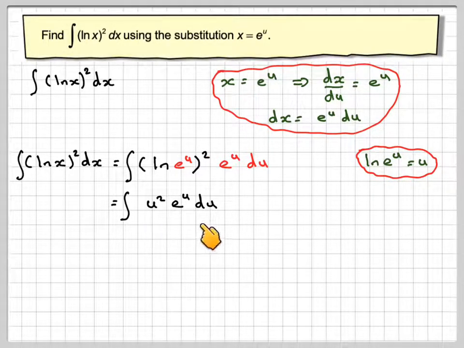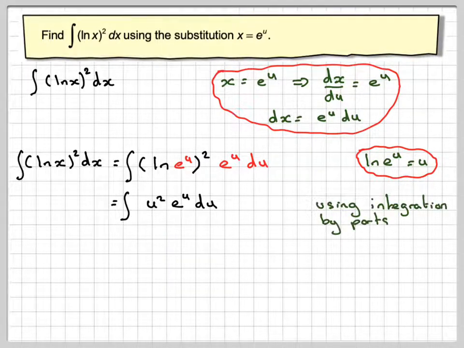Now, to integrate this, we have to do integration by parts. It would be a little bit strange, but if we let u be equivalent to u squared, because we used the formula with u in it, and let dv by du be equal to e to the u, if we differentiate u squared with respect to u, we get 2u.